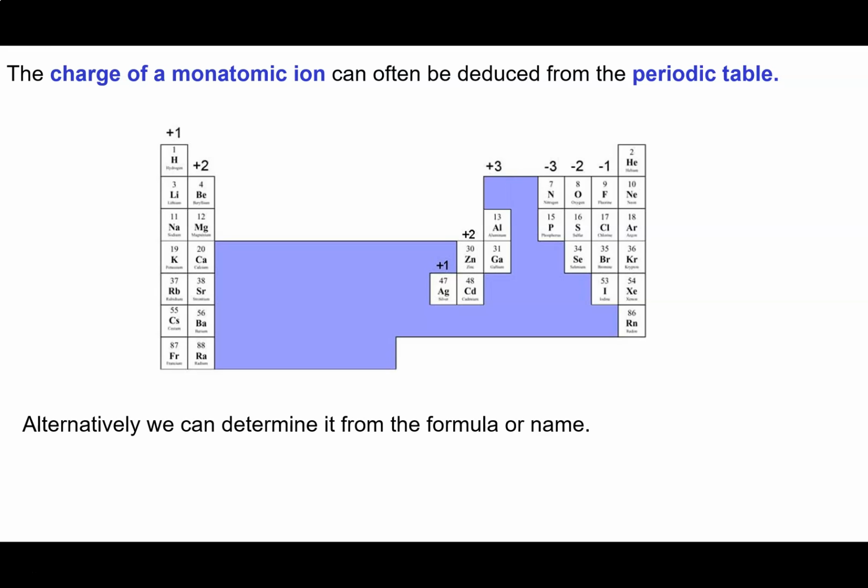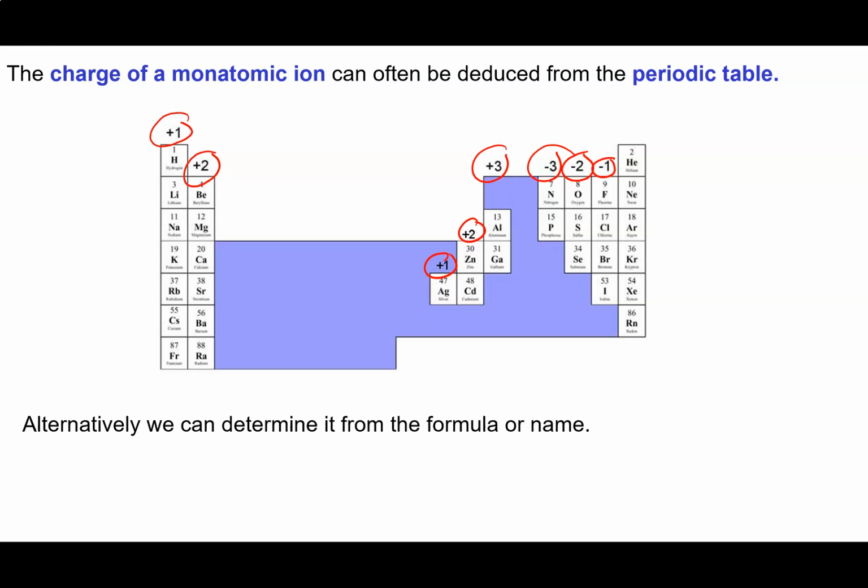Now, I talked about the charge as being the other factor alongside the ionic radii that affects the strength of interactions of ions in a crystal, and we can often get the charge of a monatomic ion from the position of the parent atom in the periodic table. Remember, group 1A metals form +1 ions, group 2A metals form +2.